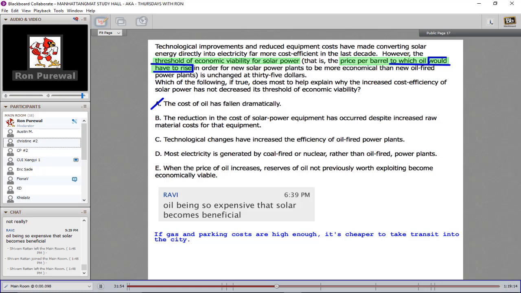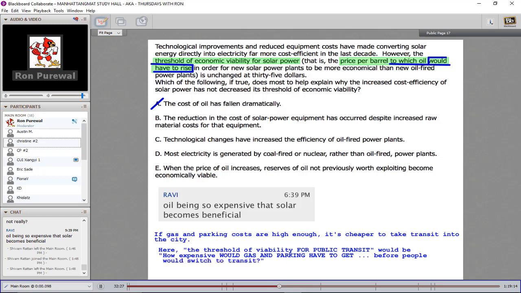Here, the threshold of viability for public transit would be how expensive gas and parking would have to get before people would start switching. Give me a smiley face if that makes sense.